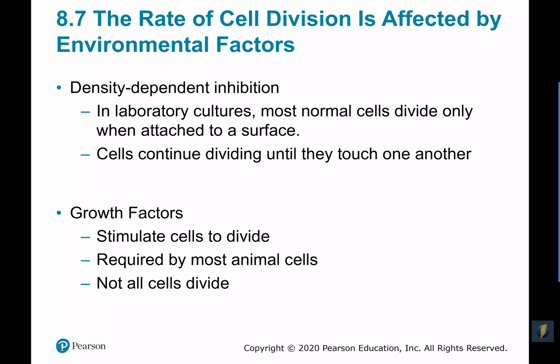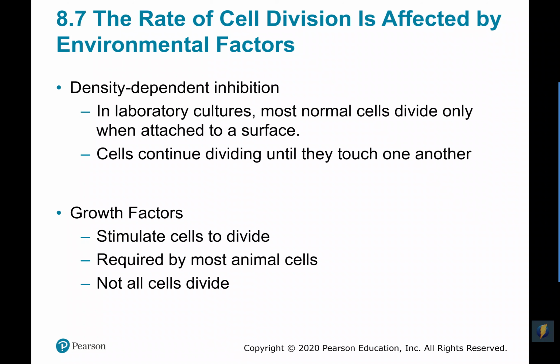And that's what happens if you were to look at a cell in a culture as well, right? They really only divide when they're attached to some surface structure, and then they'll continue dividing until they touch one another. So it's density dependent. If there's already a ton of cells there, then you're not going to get a lot of growth there.